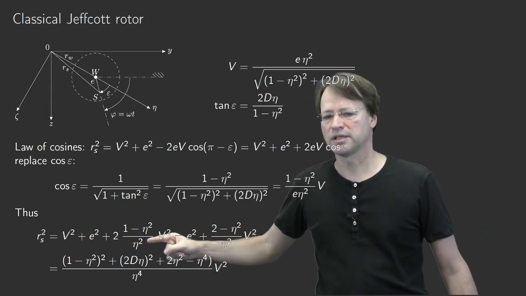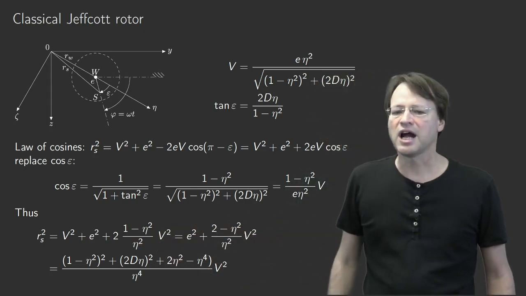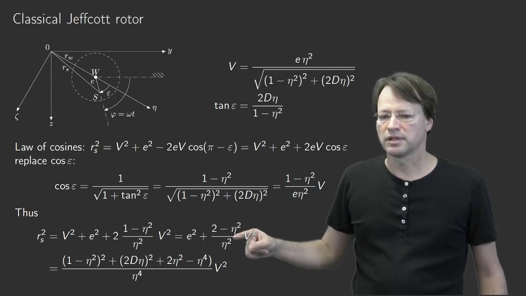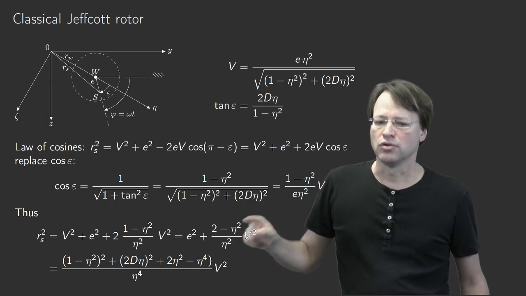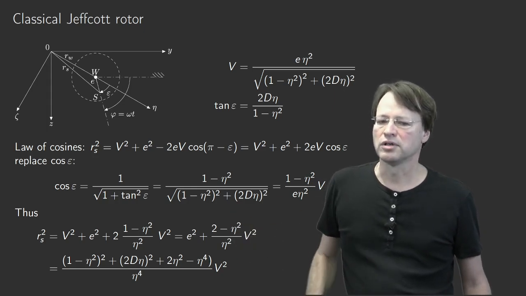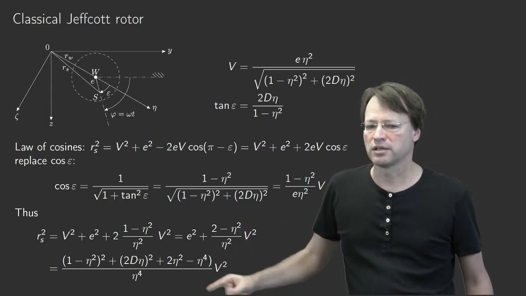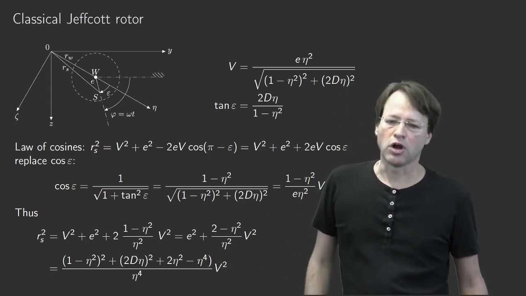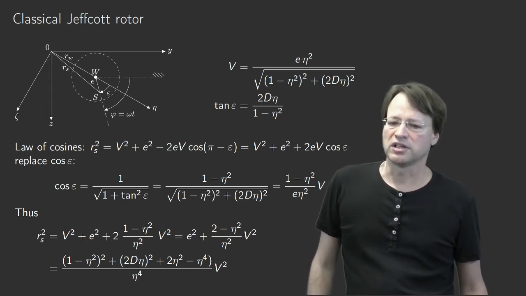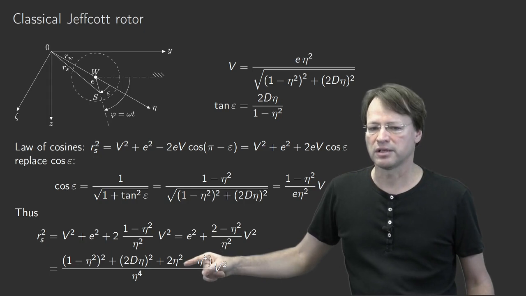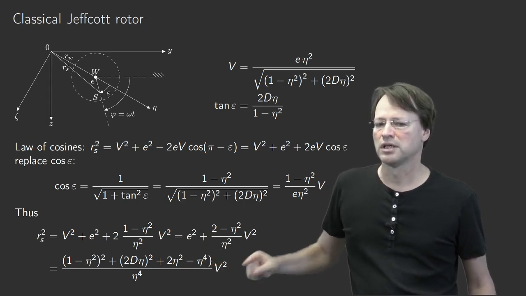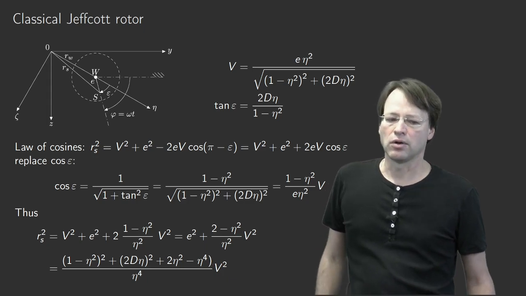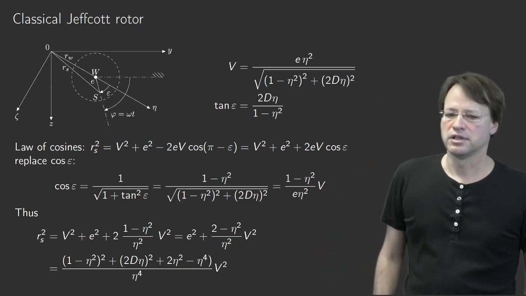It's the first one, it's the second one, and then comes the second term here, where we multiply the numerator and the denominator by eta squared in order to achieve a common denominator of eta in 4th power. So therefore we add plus 2 eta squared minus eta in 4th power. And we have to multiply all that expression by a V squared.